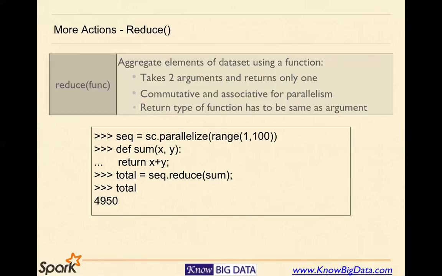Now, a very interesting phenomenon called reduce. Reduce basically executes your function again and again until it gets a single value. It's like applying the same hammer again and again such that the output is folded into a single value.